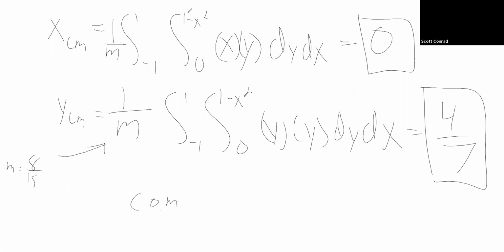So our center of mass is going to be the point (0, 4/7). Both of those are just evaluating integrals, but the x one we could do without actually evaluating the integral using a symmetry argument. I would like to talk more about that tomorrow, but that is mass and center of mass.